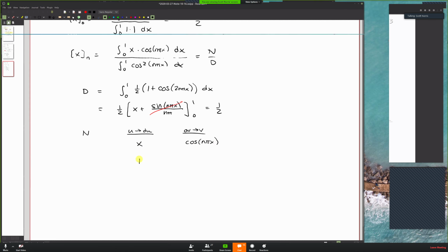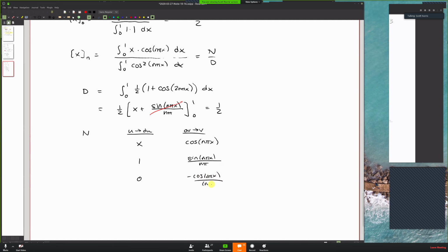Derivative of x is 1, derivative of 1 is 0. Integral of cosine is sine n pi x over n pi. Integral of sine is negative cosine n pi x over n pi quantity squared.